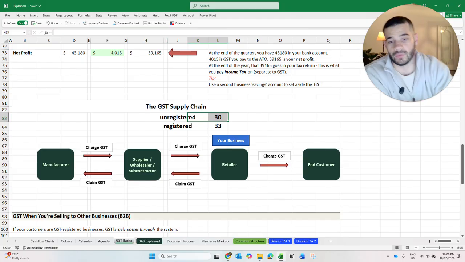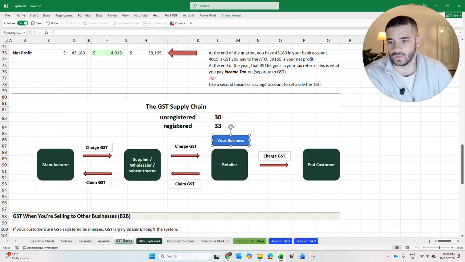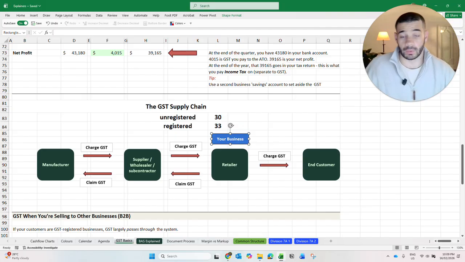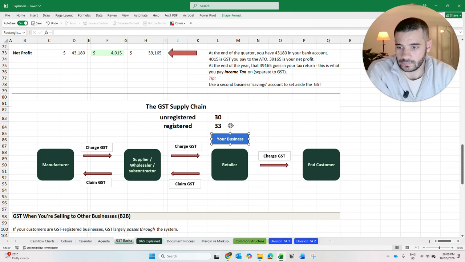You now turn over more than $75,000, and you have to register for GST. We don't get a choice, so we have to add on that 1.1. We have to multiply that by 1.1 or add the 10%, and now we're charging $33. And so this is when it becomes not just an accounting thing to do, but we also have to think about the real consequences and the pricing in our business.